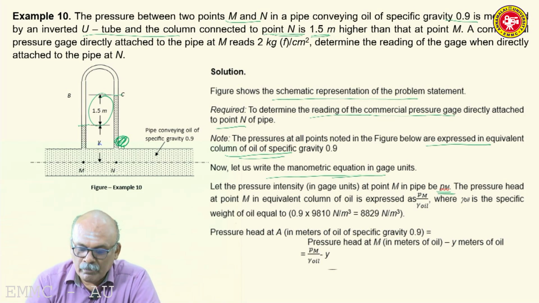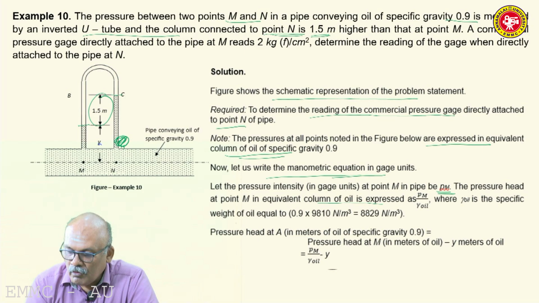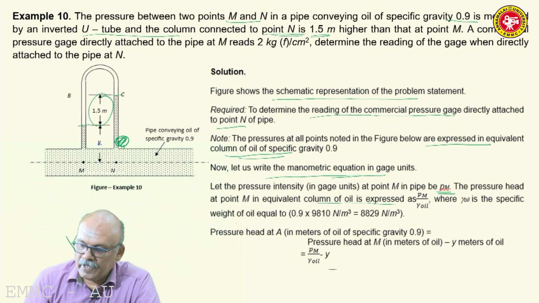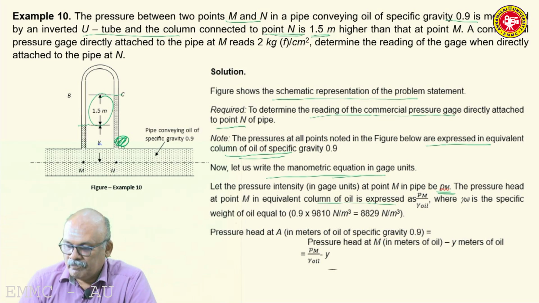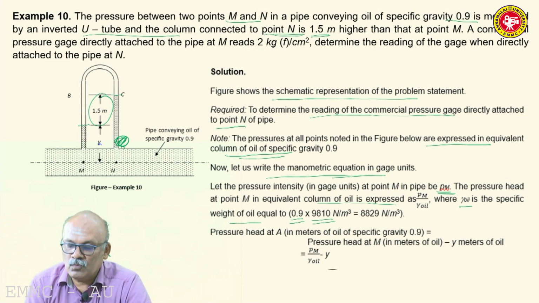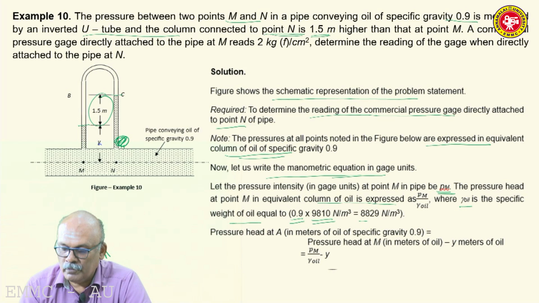The pressure head at point M in equivalent column of oil is expressed as PM by specific weight of oil, which is flowing in the pipeline. So gamma oil is the specific weight of oil, which is equal to 0.9, that is specific gravity of oil, multiplied by specific weight of the standard liquid, that is water, 9810 Newton per meter cube. So you get 8829 Newton per meter cube as the specific weight of oil.